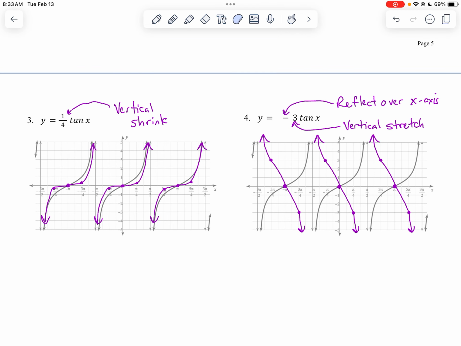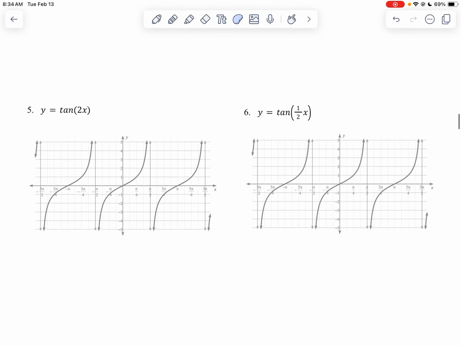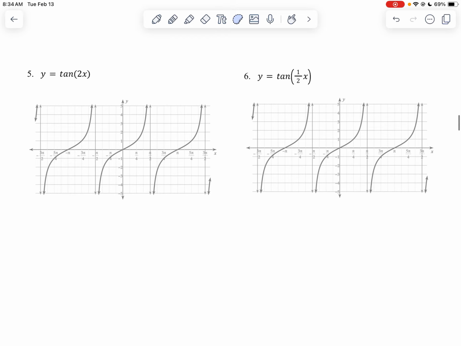So that's some good examples of vertical stretching and vertical shrinking. We also have the reflection over the x-axis with that negative out in front. It's a very common manipulation you'll see with these graphs. Let's talk about one other part that we did talk about with sine and cosine the other day, the horizontal stretching or shrinking.